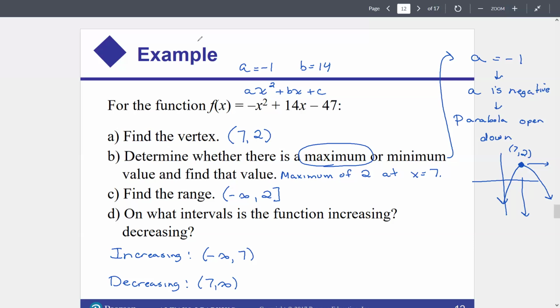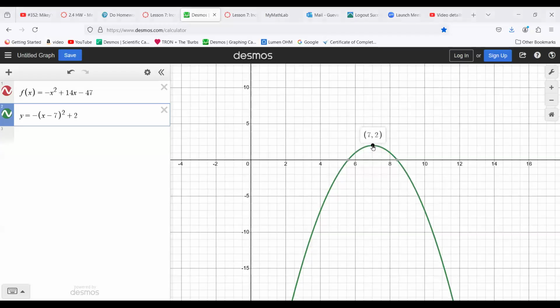And I didn't rewrite this one, so let me just quickly do that. If I was to rewrite the formula for this, because of that a being negative, it'd be negative x minus 7 squared plus 2. Just to show you again, we do have the vertex at 7, 2.